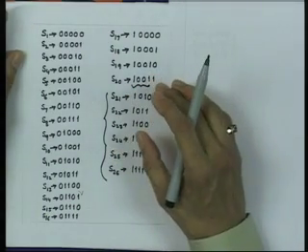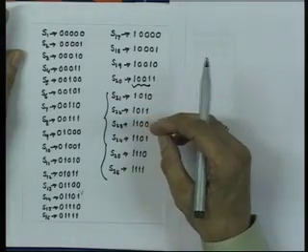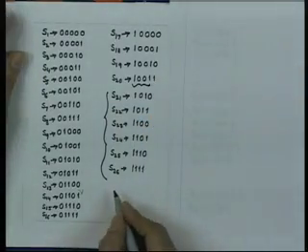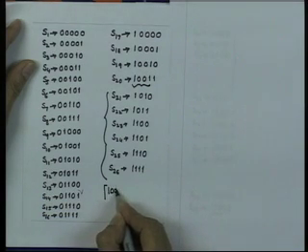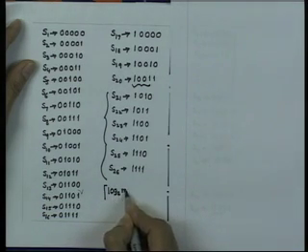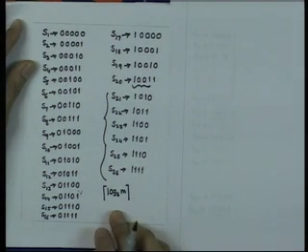Another way of coding these letters of this source would have been to use the upper floor of log 2 M. In this case, it would have been 5.